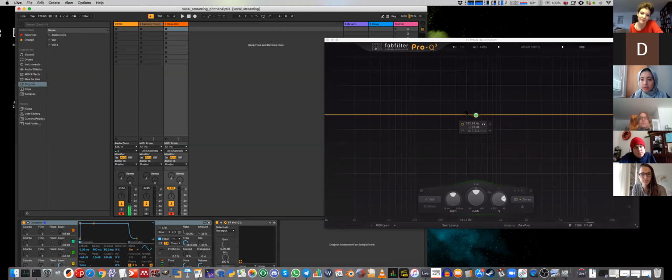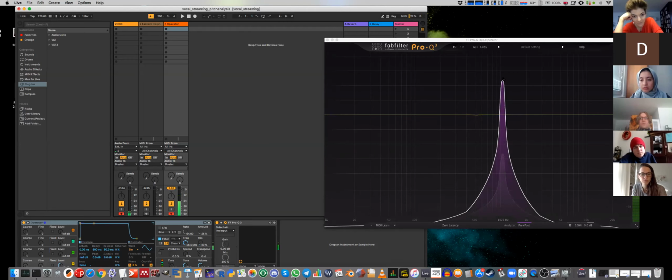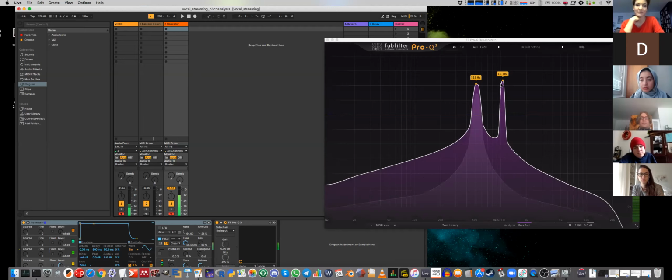So if we take our main C, which is about 500 hertz, then we move it an octave up, this is going to be about 1000. Okay?